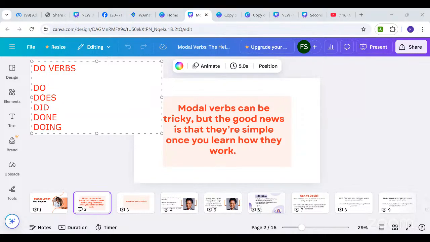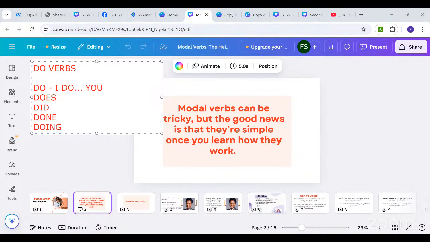So like I explained earlier, for do, it's present simple. It is a simple present tense. So I can use sentences like: I do. That is the first person. You do.